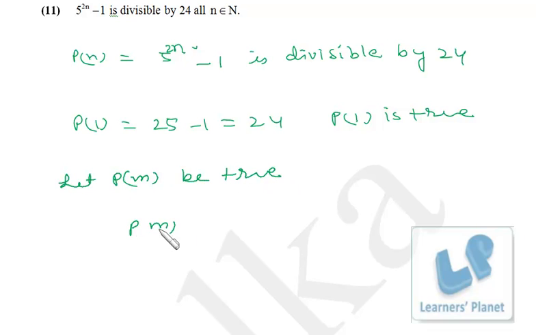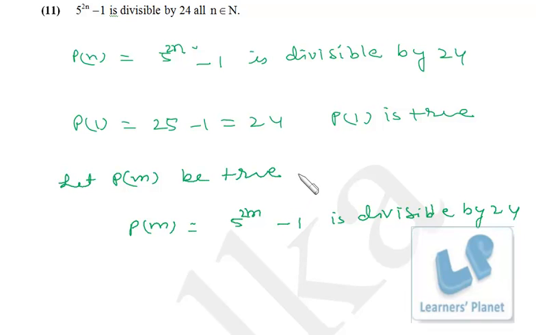So Pm is equal to 5 raised to 2m minus 1, right? So it is divisible by 24. That means 5 raised to 2m minus 1 is divisible by 24, right? That we are assuming.